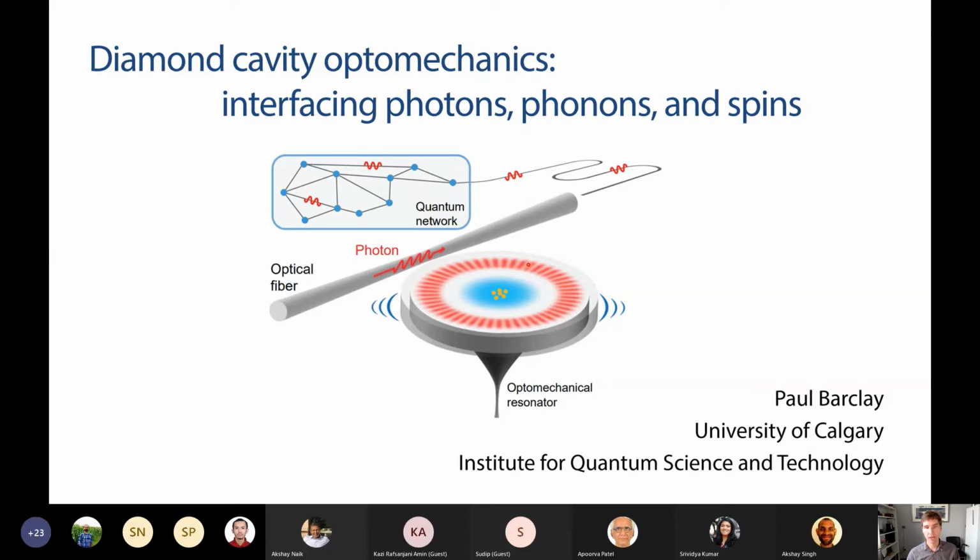I'll also mention before we get going that all of the devices that you see in this talk are fabricated by group members, students and postdocs, working typically at the NanoFab, which is a fabrication facility in Edmonton, located about 300 kilometers from Calgary, as well as the National Research Council Nanotechnology Research Center, formerly known as NINT, which is also located in Edmonton. So in our group, we do device design, fabrication, and experiment.